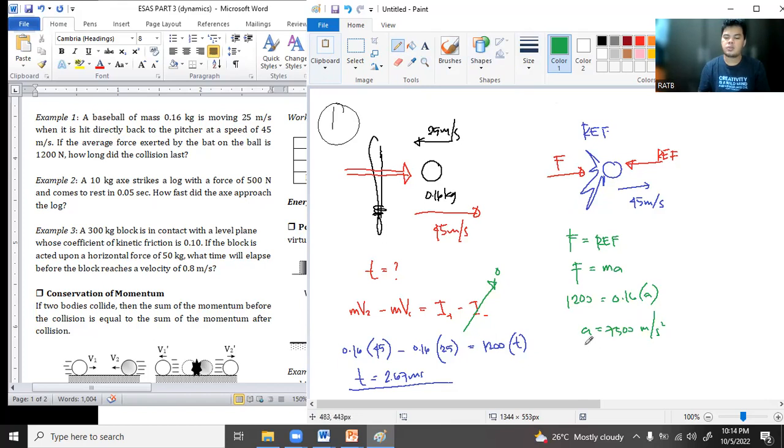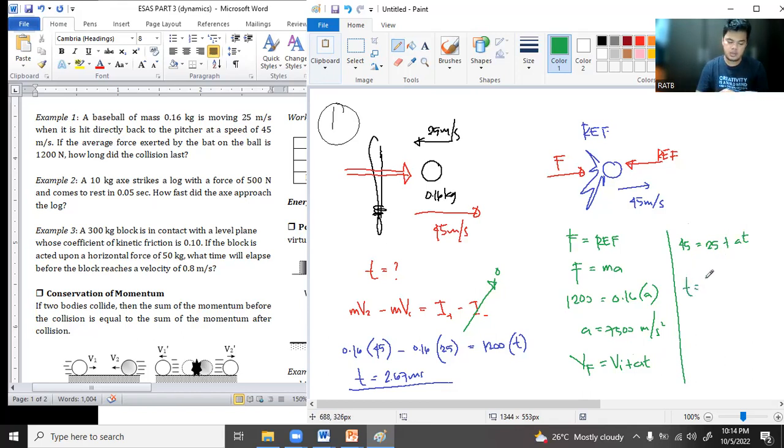And then we calculate for the time. We use the formula VF equals VI plus AT, such that the final velocity would be 45, equivalent to the initial 25 plus the acceleration. We already have the value for acceleration.